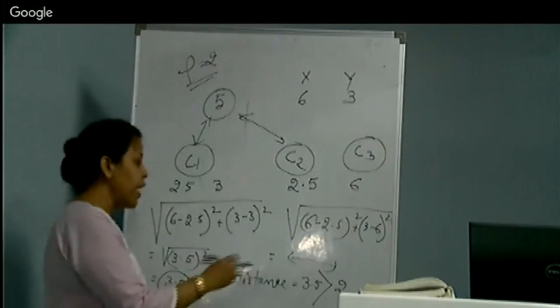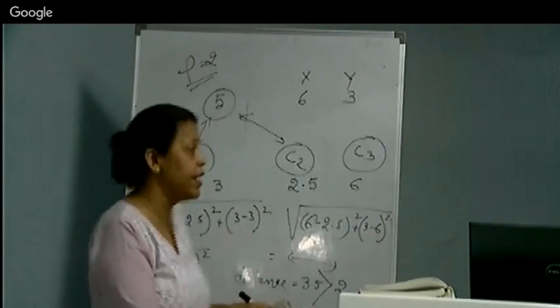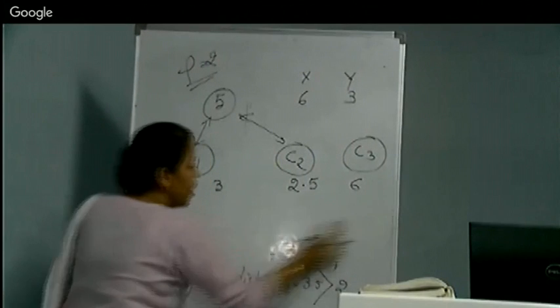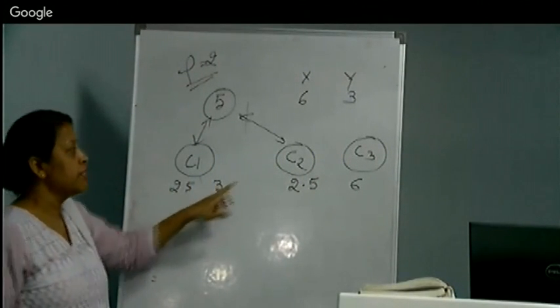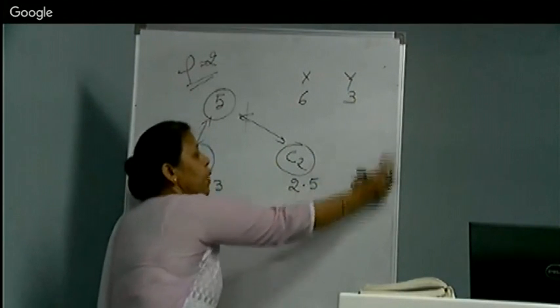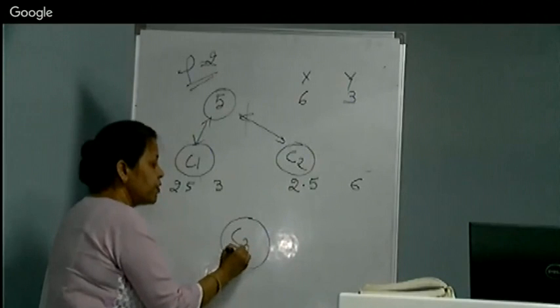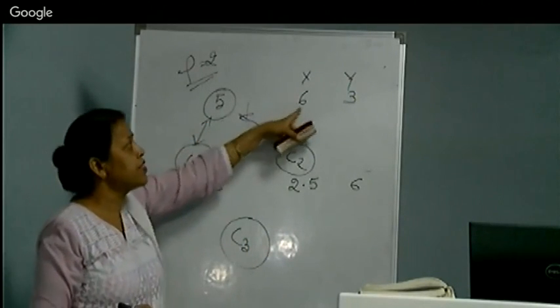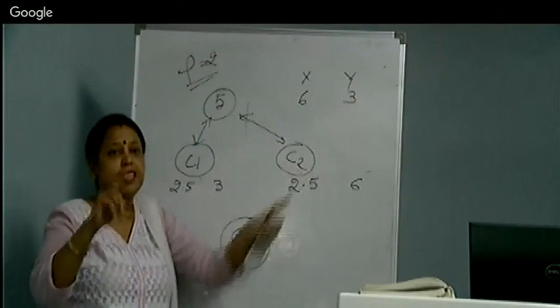Now when it forms C3, what will be the cluster center of C3? Till now we have got C1 equal to 2.5 and 3, C2 we have got 2.5 and 6. Now we have found C3 with 5. Since it is a new center, x and y was 6 and 3.